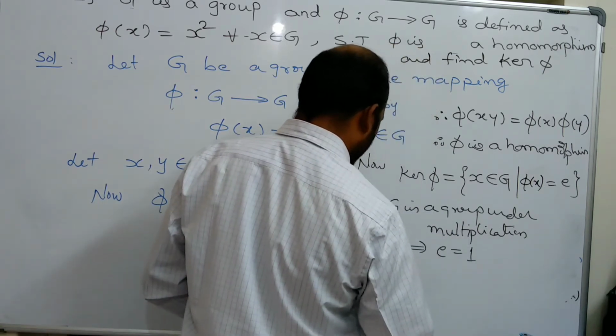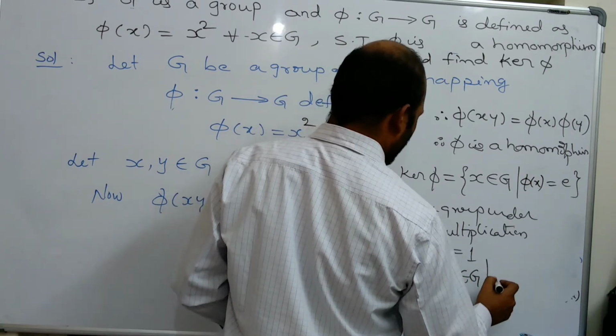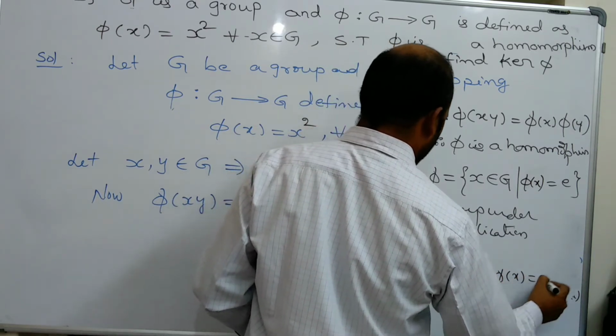So kernel phi becomes x belongs to capital G such that pi of x is equals to 1.